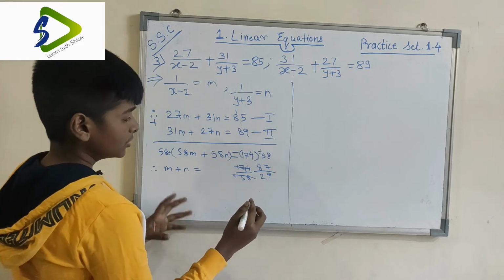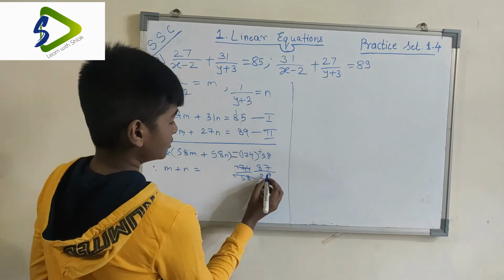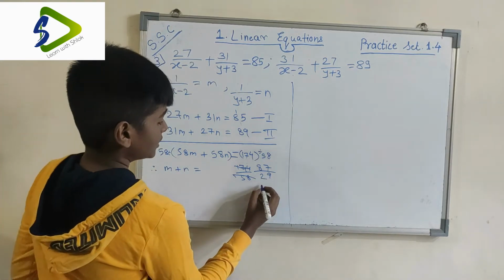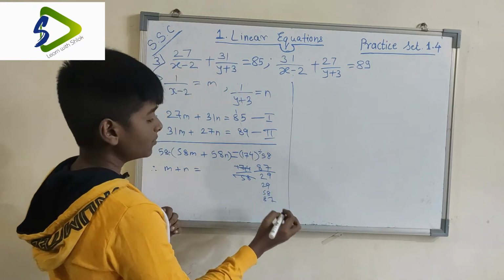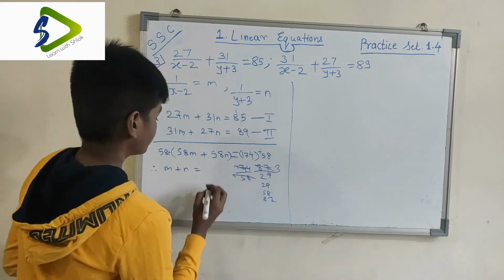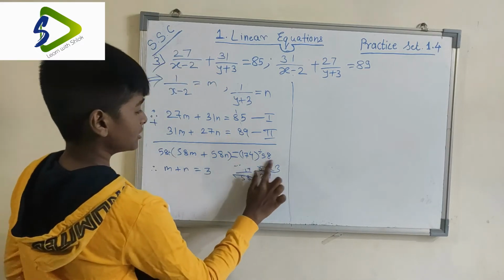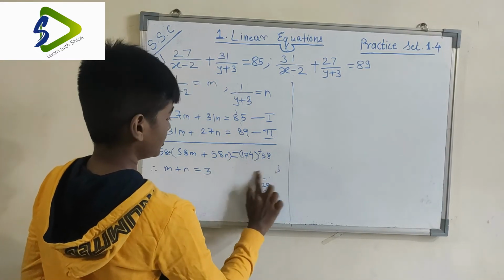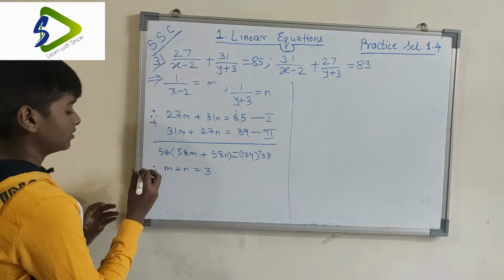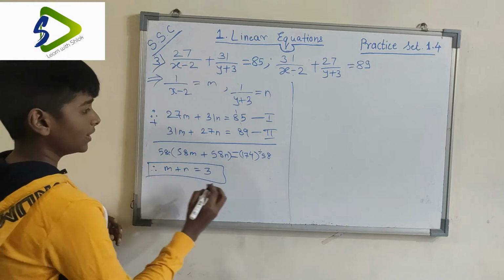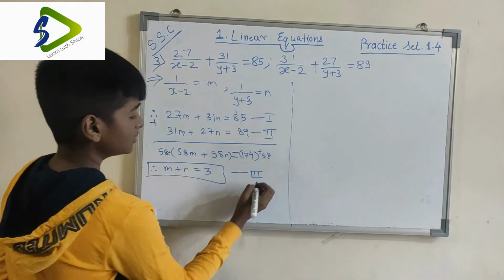And now let's do the 29's table. 29 1s is 29, 29 2s is 58, 29 3s is 87. So 29 3s are. Therefore m plus n is equal to 3. So that is the value of m plus n. So this is the one equation that we get. So let's consider this as the third equation.